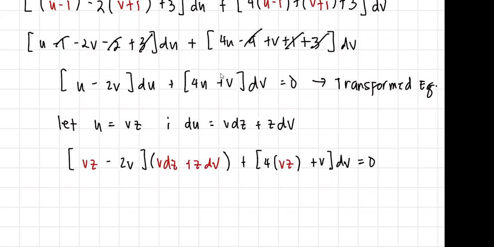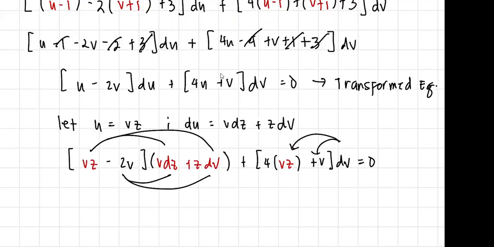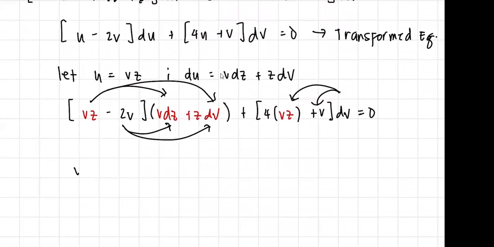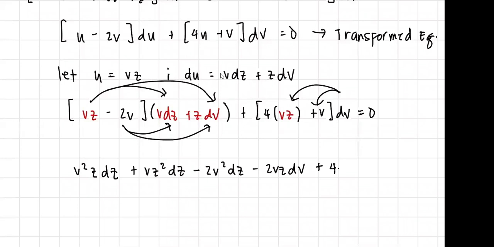So pag dinistribute to, we will have v squared z dz plus v z squared dz minus 2v squared dz minus 2vz dv plus 4vz dv plus v dv is equals to 0.